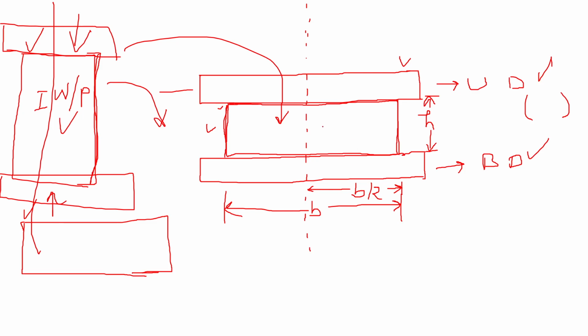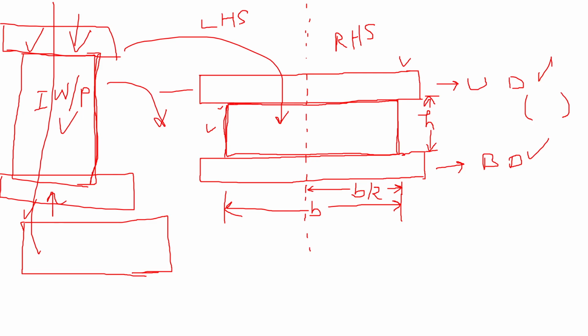We also assume, because we assume that the stresses are uniform throughout the cross section, that whatever stresses will be developed on one side, that is the right hand side, will be symmetric to the stresses on the left hand side. Okay, we are assuming this.